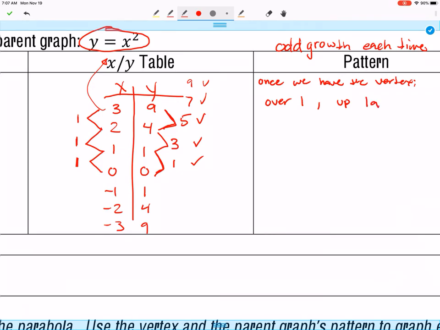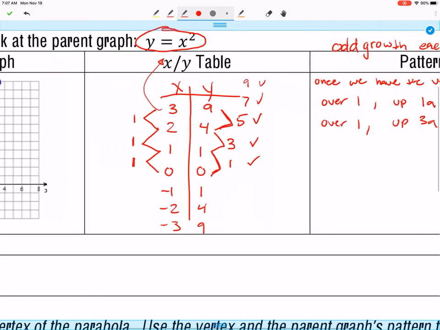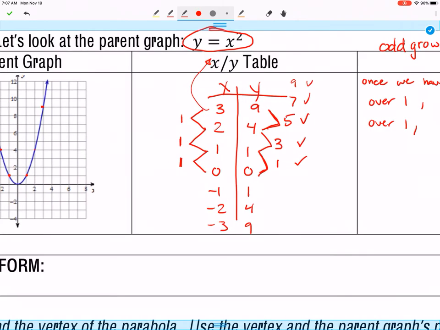We'll talk about that a. Then we'll go over 1, and then up 3a. So for our parent graph, a is 1. All right, so this is how the growth goes if a equals 1.